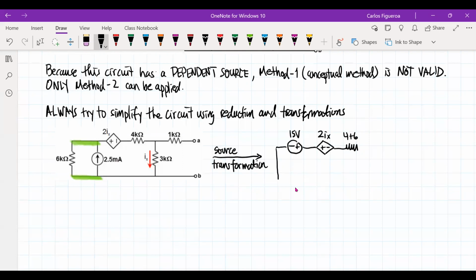And so then I have my 3 here. And then, of course, I have my 1 right here. And all I know is that I have this IX going through that 3K. So I would say that this is not the final form.